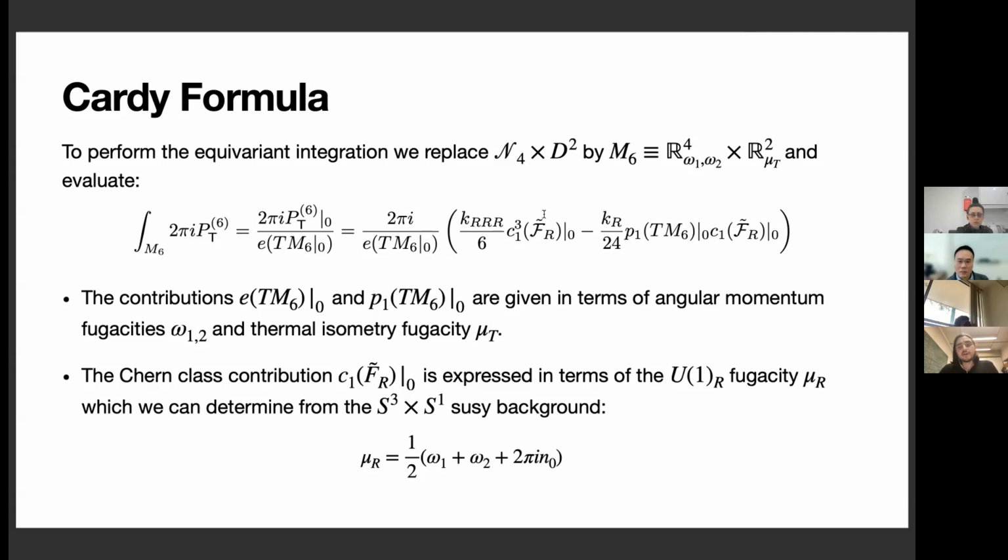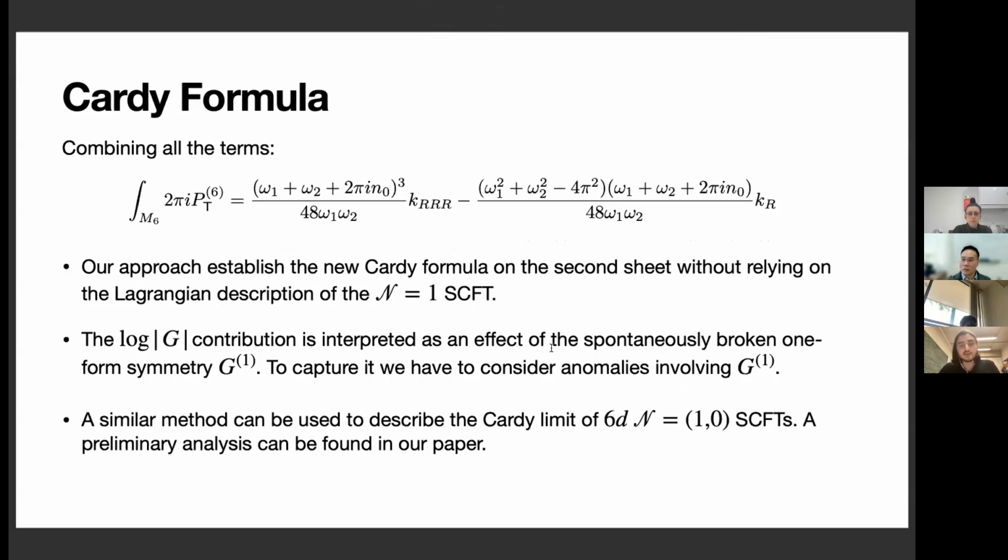Okay, there are various things that you have to determine in order to compute these characteristic classes, and we determine that in our paper, and they are based on the precise details of the supersymmetric background where the theory is placed. And so if we put it all together, we can evaluate the formula and find precisely all the terms that enter in the Cardy formula, except for the exponentially suppressed term.